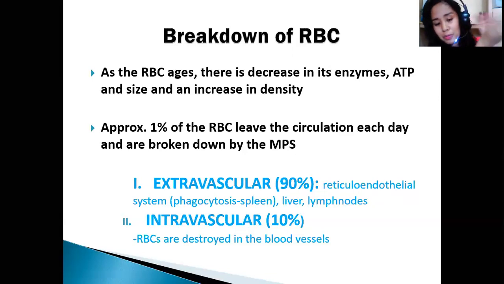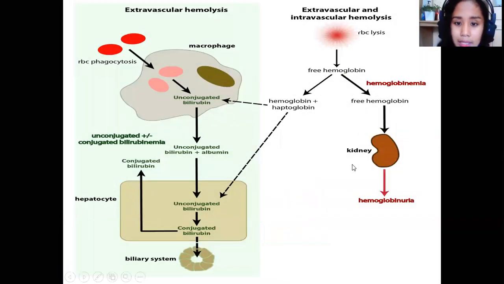So, pag ang red blood cell, nag-breakdown siya, so nasira siya sa loob ng blood vessels class, it will release heme. Di ba? Heme is protoporphyrin 9 and iron. So it will be carried by your haptoglobin. Yan. And your haptoglobin can bring your free hemoglobin to your liver.